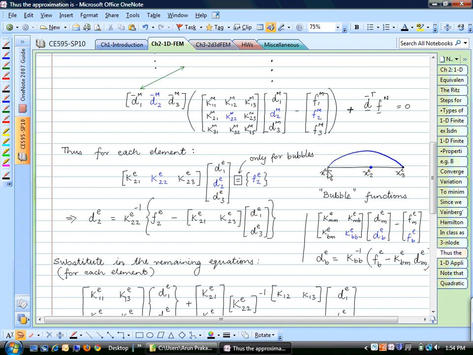In general, you could have 2 bubbles or 3 bubbles or as many higher order shape functions as you want. So if you have multiple bubble functions, then you can again partition your stiffness matrix into this form. Let's call this main mesh, and this is bubble degrees of freedom. So I'm collecting the main mesh degrees of freedom at one place and the bubble degrees of freedom in one place. And I can write out the element contribution from this element in this form.